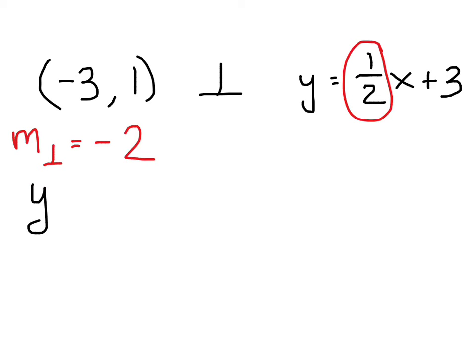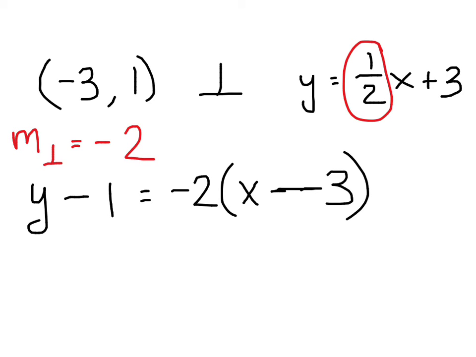Now, writing my equation, y minus, what's the y coordinate? 1, 1 equals, what's the slope? -2, times x minus, what's the x coordinate? 3, 2 negatives make it a positive, good job.